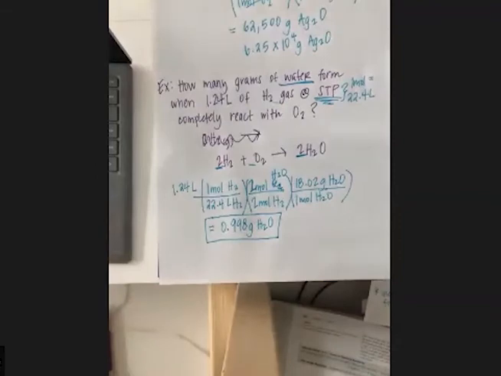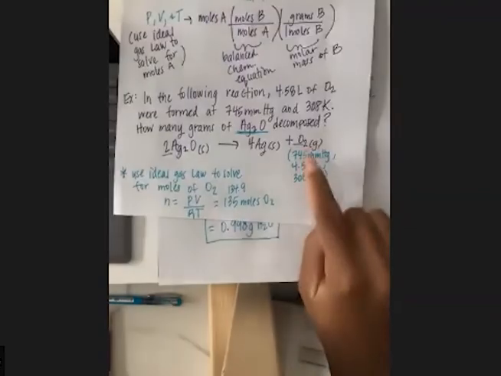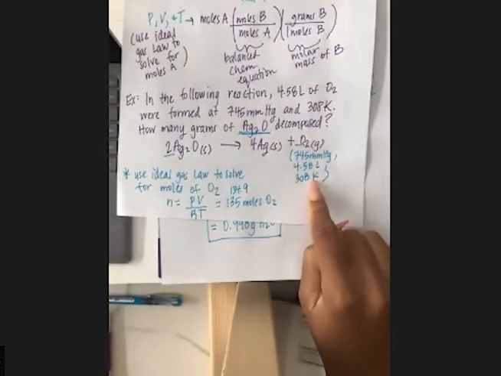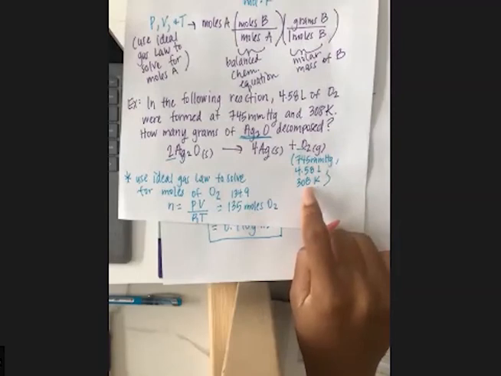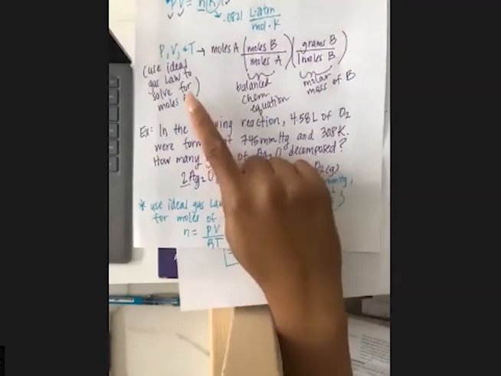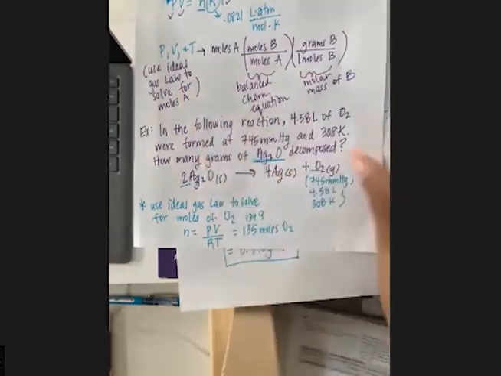All right, any questions on how I got this, guys? This is the easier one. If it's at STP, we know how to go from liters to moles using the molar volume. When you do not have a gas at STP, for instance this last reaction, these are not STP terms. Standard temperature and pressure says 1 atmosphere, 273 K. Since it's not at STP, we have to go through the ideal gas law to solve for the amount of moles.